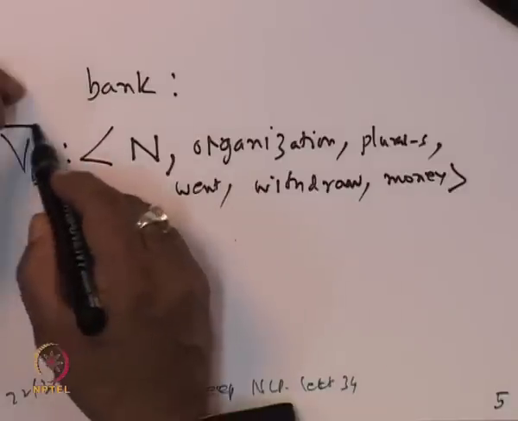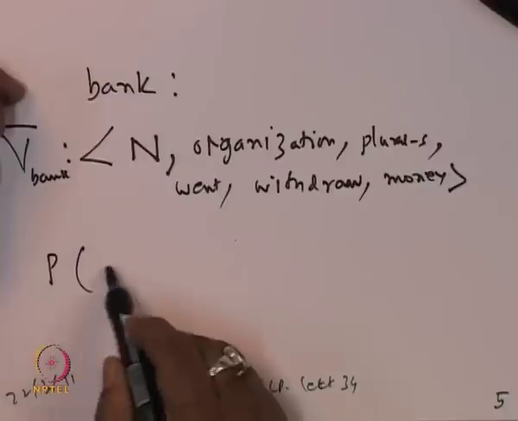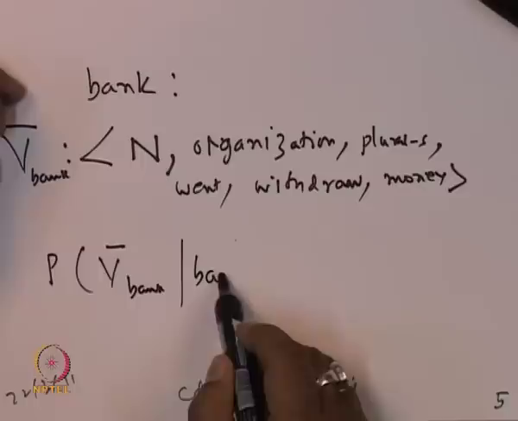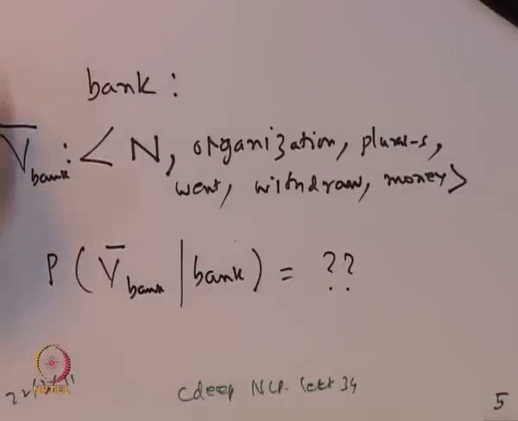Now, probability of V bar bank given bank, what does it come out to be?